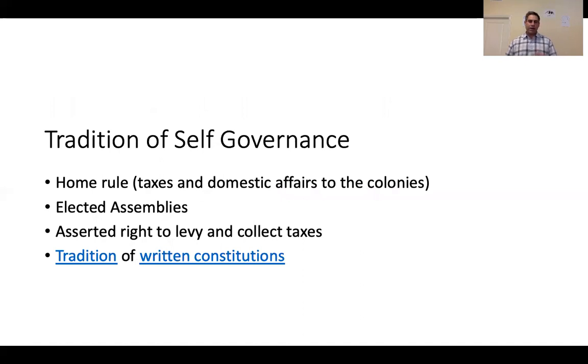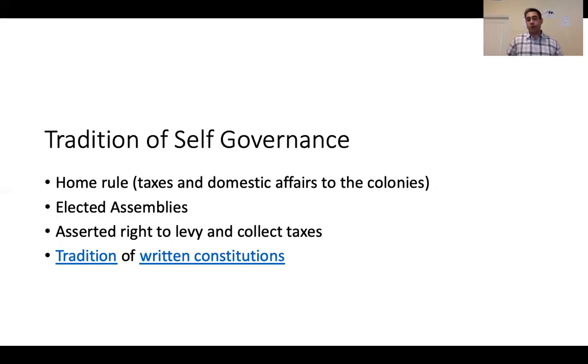Now, the colonists, in addition to having a diverse economy, had a very interesting thing that ends up being very important for American constitutionalism. They had what we call a tradition of self-governance. Under English colonialism, the colonists were given home rule. They were largely allowed to make determinations over their own domestic affairs independent of the English Parliament.